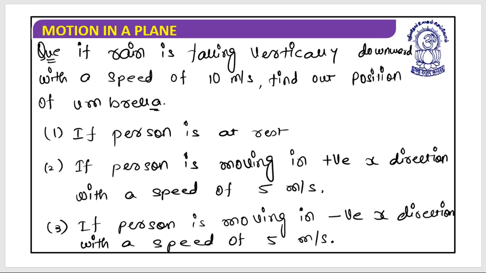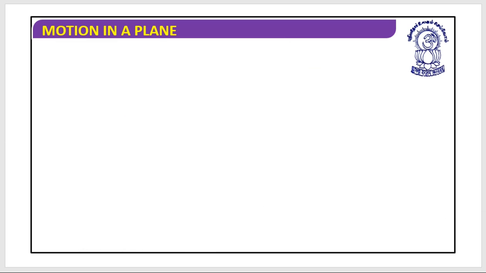Rain is falling vertically downward with a speed of 10 meter per second. I need to find out the position of the umbrella if the person is at rest. So the situation is that rain is falling like this. It's the velocity of rain, 10 meter per second, and in this case VM should be equal to 0.